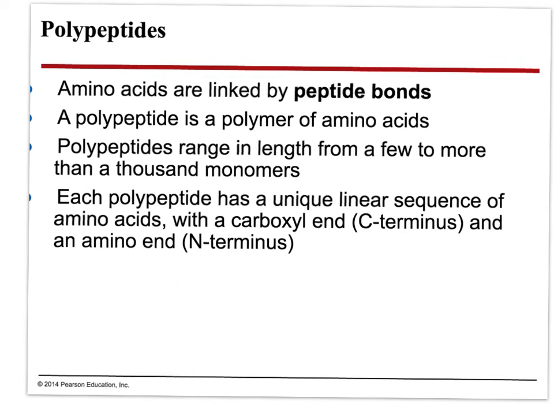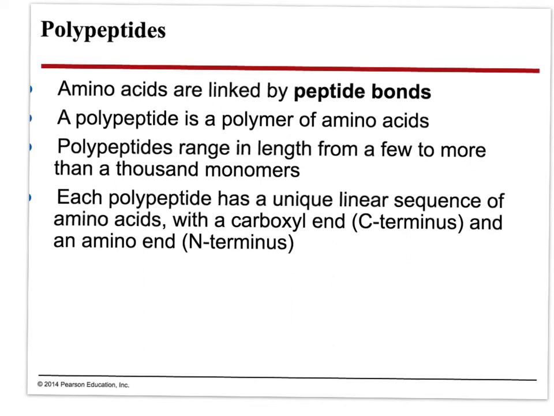What is it? Dehydration synthesis. Okay, good. So when we synthesize a new peptide, we're linking amino acids by a peptide bond. We're linking the N terminus, or the amino end of one amino acid, to the carboxy end of the preceding one.